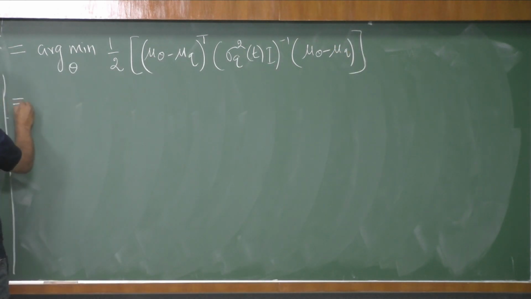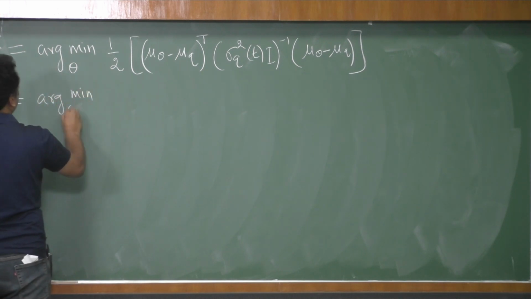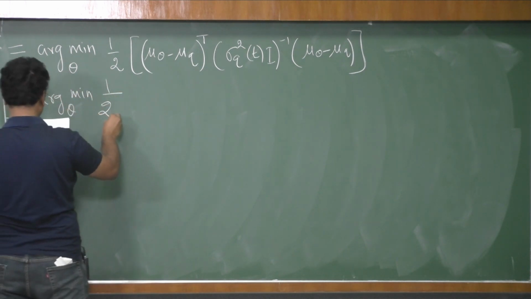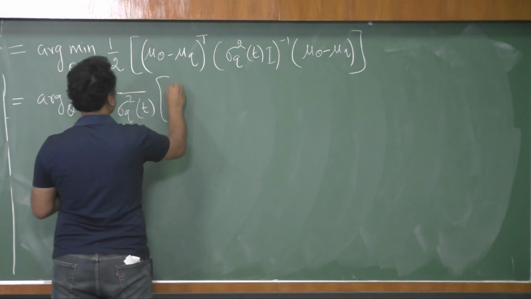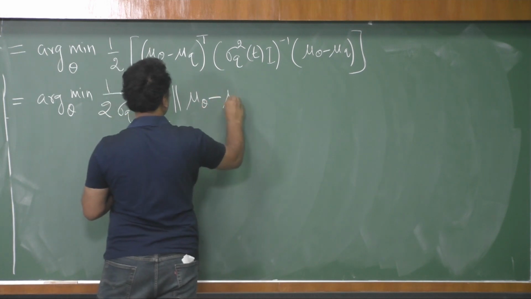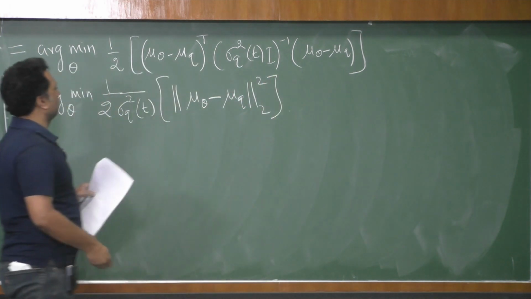So we'll bring this sigma squared outside. So this is arg min of theta, 1 by 2 sigma q squared t, and then the 2-norm squared of mu theta minus mu q. Okay, that's what we get.